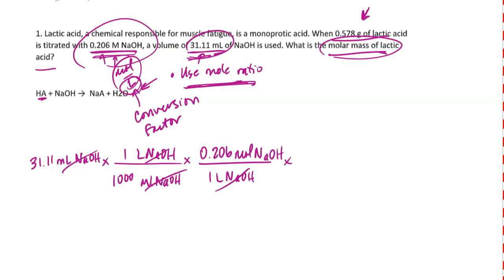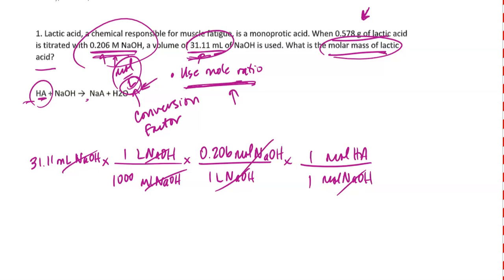Now that I'm in units of moles, I'm ready to use my mole ratio. And so I need to relate the moles of the sodium hydroxide to the moles of the acid. Notice for this particular equation, we have a 1-to-1 mole ratio. Now, once I'm here, I want to stop.